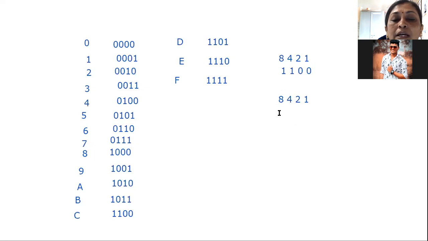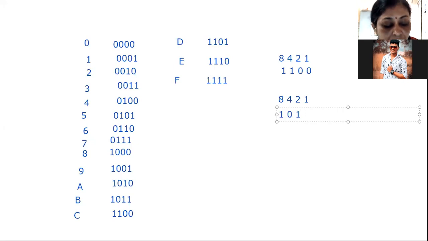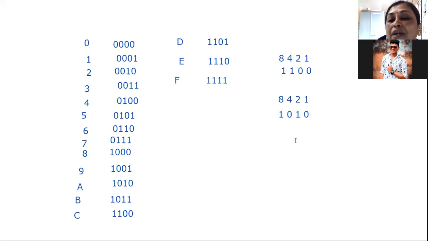So in place of 8, I write 1. In place of 4, I write 0 because it is not present. As 2 is present, here I write 1, and as digit 1 is not present, I write 0. So this is the binary equivalent of decimal 10 and hexadecimal A.